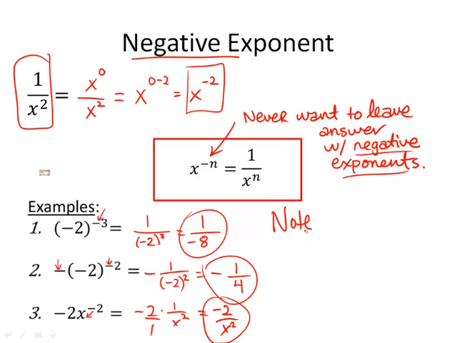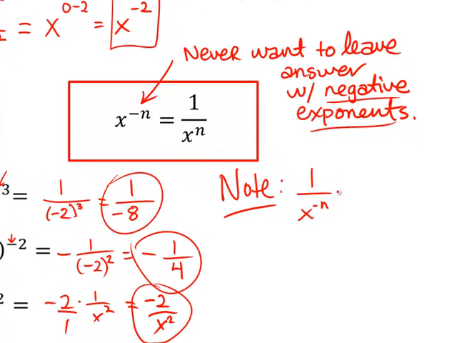One more note about this is that you'll notice that when you have a negative exponent, it's been bringing it down. So therefore, if you have a negative exponent in the basement, or in the denominator, that would actually bring it back up. The proof of that would be 1 over x to the negative n, giving us 1 over 1 over x to the n.